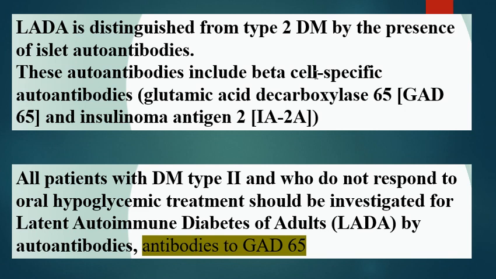Glutamic acid decarboxylase 65 is very important. It is an enzyme very crucial for converting glutamate into gamma amino butyric acid, which is a neurotransmitter, as it has an inhibitory effect on excitatory impulses of the nervous system, and also it is present in the cytoplasm of the beta cell of the pancreas and regulates expression of insulin.